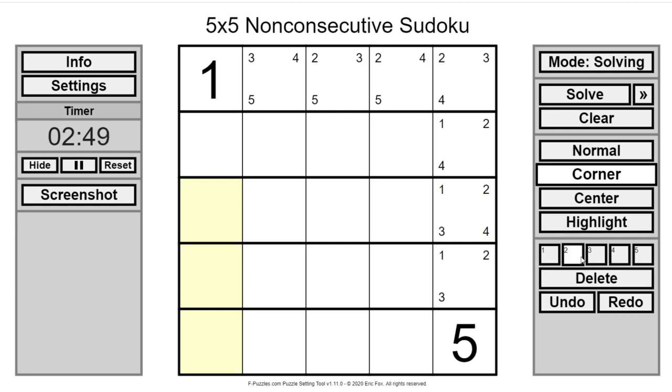So 2's can go anywhere here, so that can't be a 3. 5's go here, so that middle one can't be a 4. Let's see, 4's can go anywhere here. 3's can't go in the middle of the 4's. 1's go anywhere here, which means that this can't be a 2.